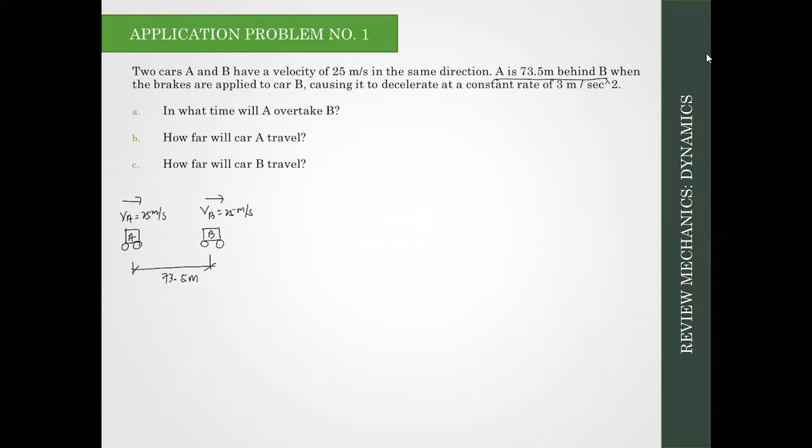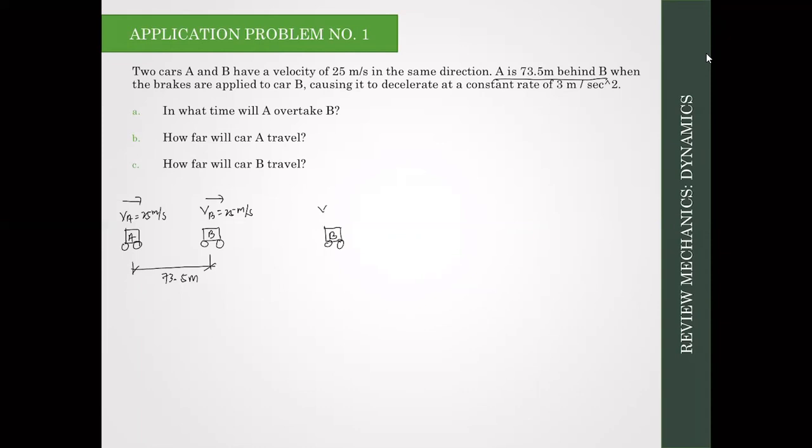Nag-brake si B, anong mangyayari sa kanya pag nagbe-brake ang car? Eventually, upon some time, mag-stop siya. So, pwedeng dito sa portion na to, i-assume natin na si B is nag-stop na. Kung mag-stop siya, anong velocity natin doon?